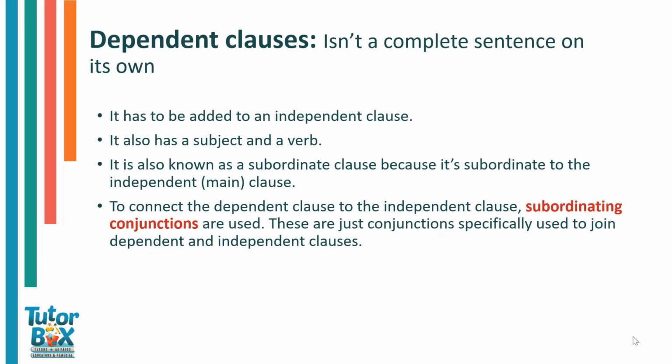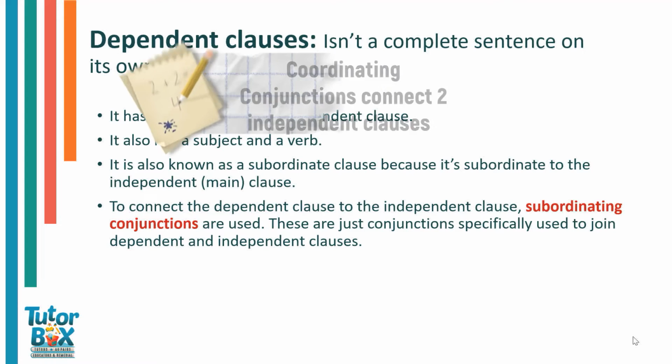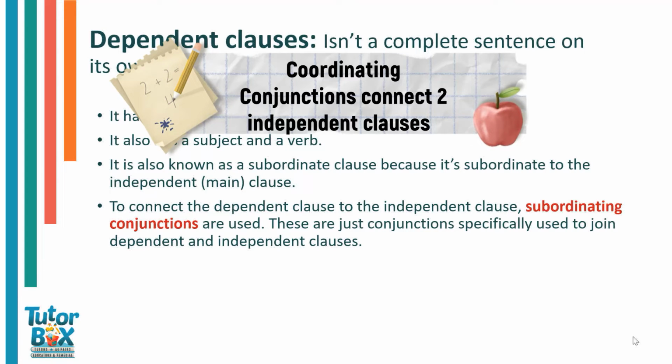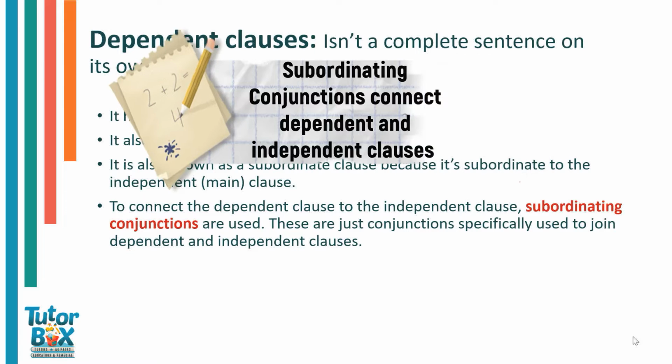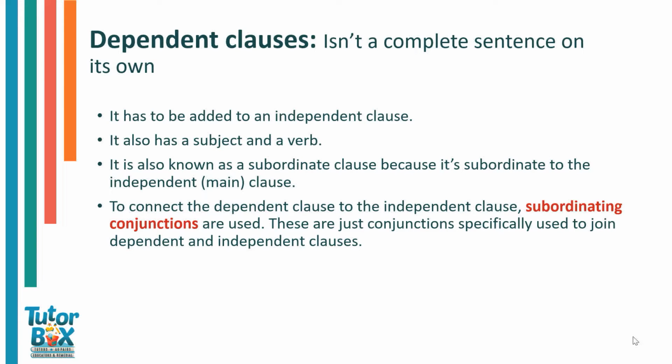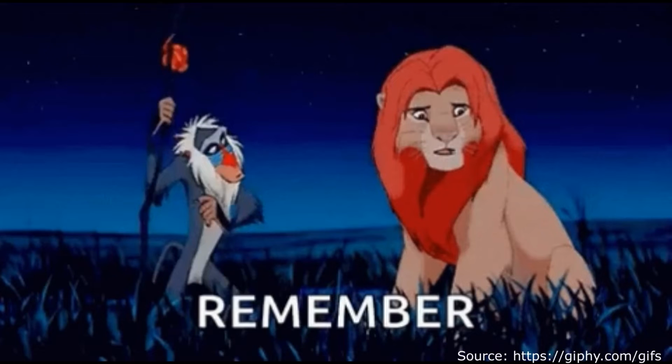Bear in mind the difference between a coordinating conjunction and a subordinating conjunction. A coordinating conjunction connects two independent clauses. A subordinating conjunction connects dependent and independent clauses. So just keep that difference in mind.